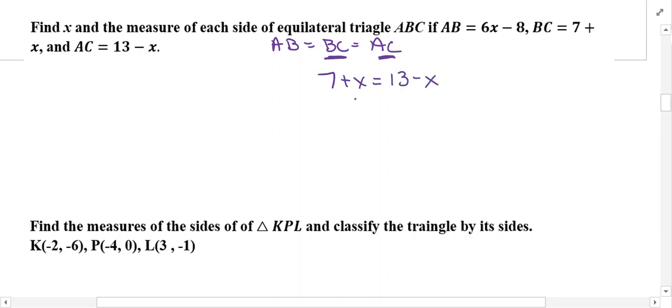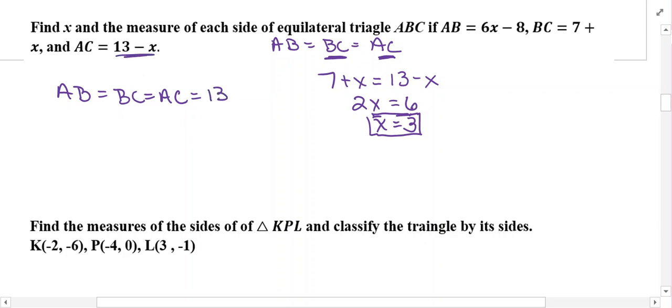Adding x to both sides, I'll have 2x. Subtracting 7 from both sides, I will have 6. So x equals 3. Now we know that AB equals BC equals AC. Plugging it into AC, I have 13 minus 3, which is 10.